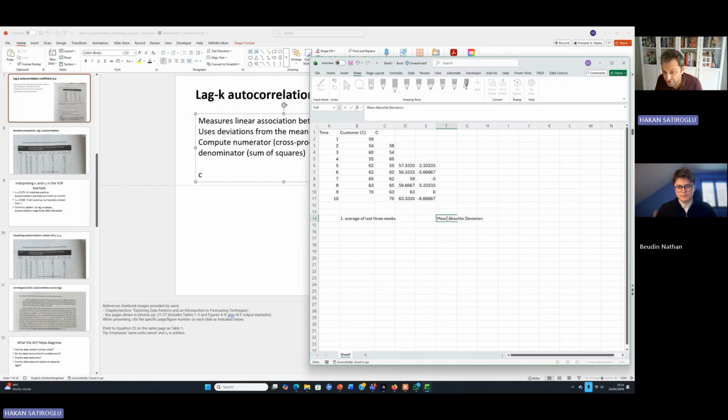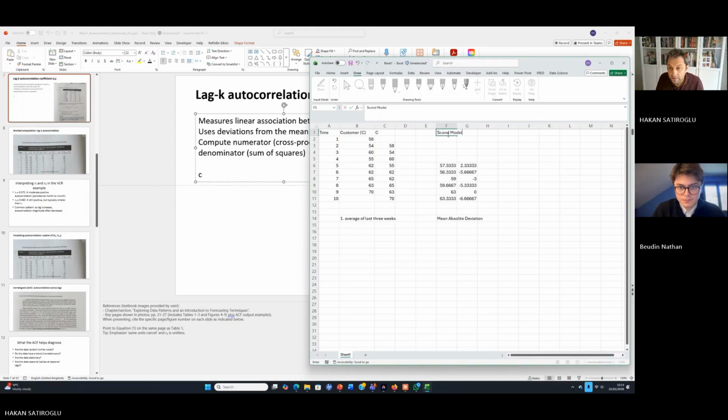One of the measures you can check to see whether a model is good or not. This is the first model, and the first model's deviations are coming from here. The second model is the average of the last things.